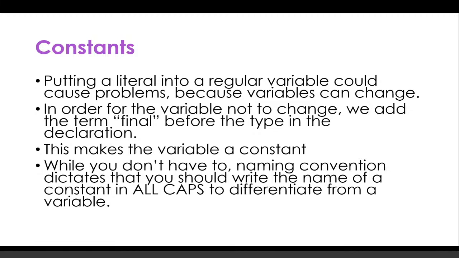But with a constant, we put the term final before the type in the declaration. When you put that final in there, that variable can't be reassigned. It is the data that it is. And another convention that we use in Java is that when we have a constant, we put the name of that constant in all caps.